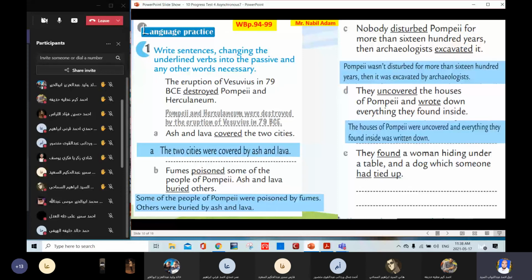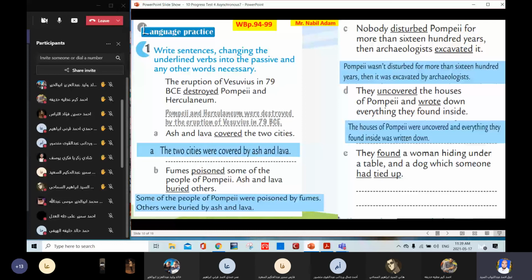They found a woman hiding under a table and a dog which someone had tied up. في جملتين. الجملة الأولى begin with a woman and second sentence begin with what? A dog. Let's see, Shadi.